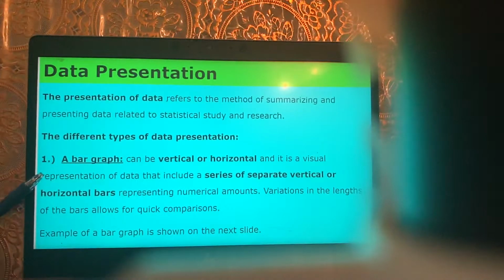This can be vertical or horizontal, and it is a visual representation of data including a series of separate vertical or horizontal bars representing numerical amounts. So variations in the length of the bar allow for quick comparison. The length of the bar tells you how many data values are represented by that bar.